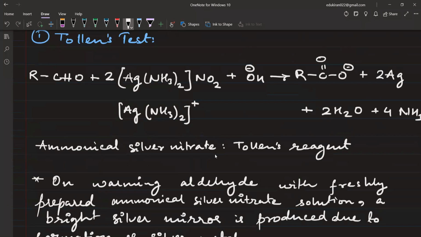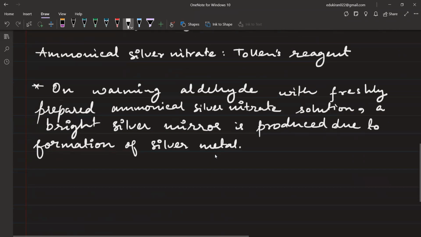Okay, so this Ag is formed, and that is why we can say that it is an aldehyde. If it was a ketone, the reaction will not take place.